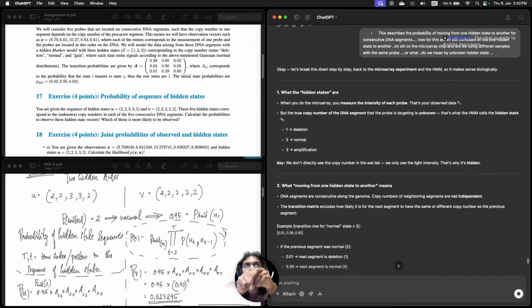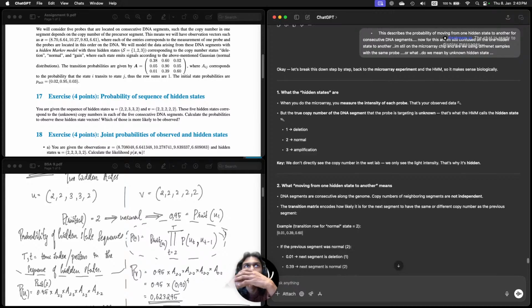When you do the microarray, you measure the intensity of each probe. That's your observed data, but the true copy number of the DNA segment that the probe is targeting is unknown. That's what HMM calls the hidden state. We don't directly see the copy number in the wet lab.